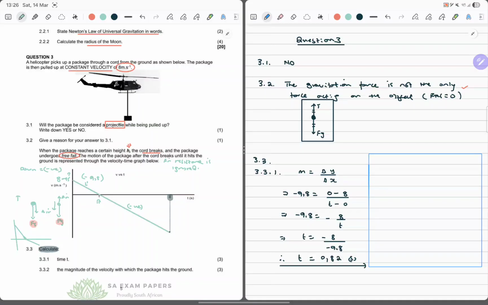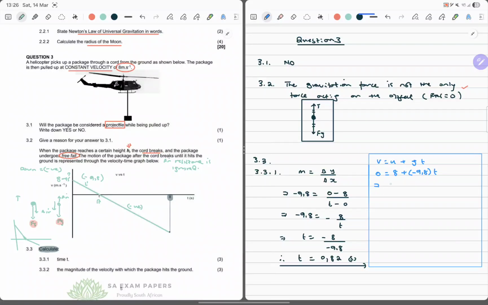So we can use our equations of motion: the final velocity equals the initial velocity plus gt. This is very easy. The final velocity, we see, is 0 at t, equals the initial, which is 8, plus, we saw that acceleration downwards was negative, and we're looking for time.